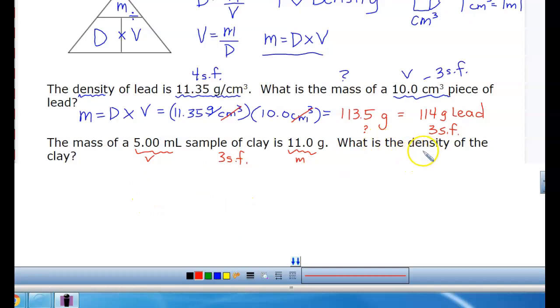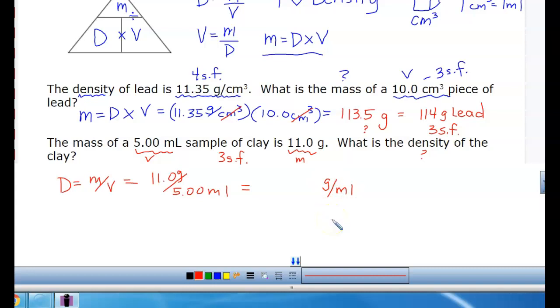This is asking us what is the density. So I'm going to do this particular one for density. D is equal to M divided by V. So I have 11.0 grams divided by 5.00 milliliters. And my unit labels do not cancel this time. That means my unit label is going to end up as grams per milliliter.